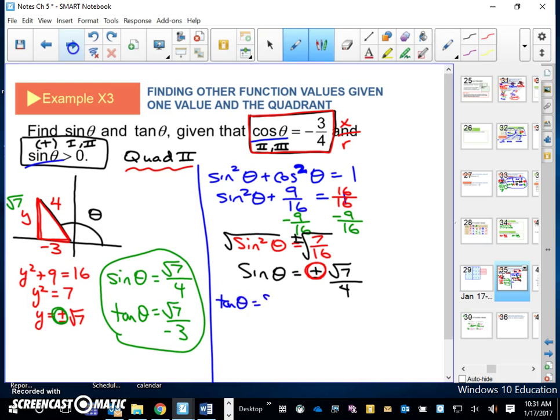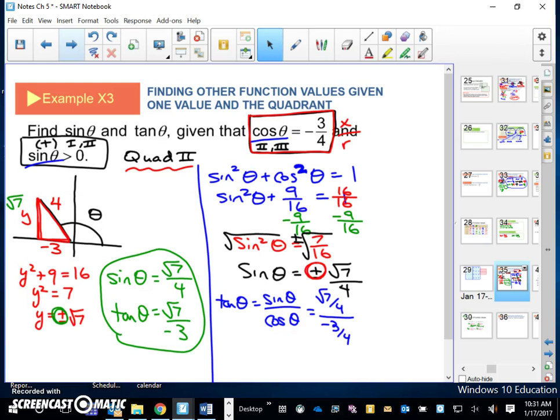Tangent theta equals sine theta over cosine theta. We just found sine theta was square root of 7 over 4, and we were given that cosine theta was negative 3 over 4. If you divide those two fractions, you can think about it as multiplying by the reciprocal.